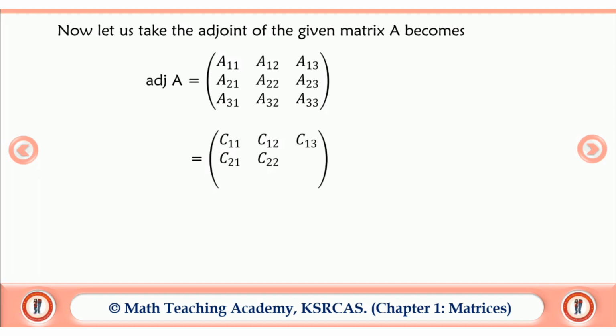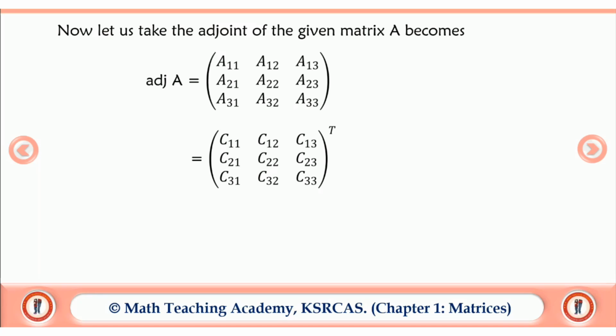By the definition of adjoint of the matrix, we can write adjoint of A is cofactors of A whole transpose. So that is why adjoint of A can be written as in the first row C11, C12, C13, in the second row C21, C22, C23, and in the third row C31, C32, C33, whole transpose.